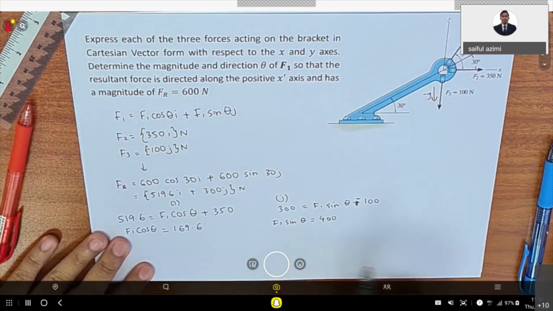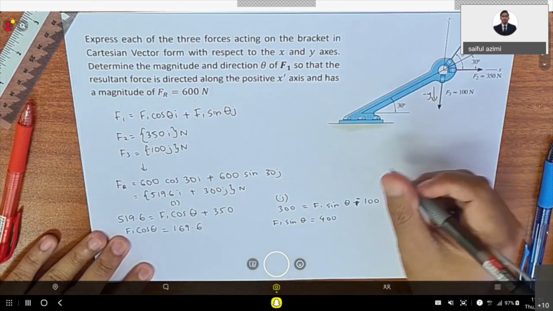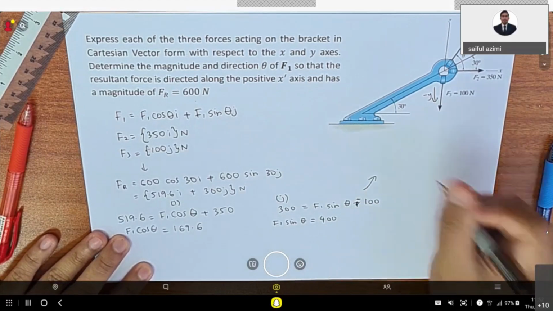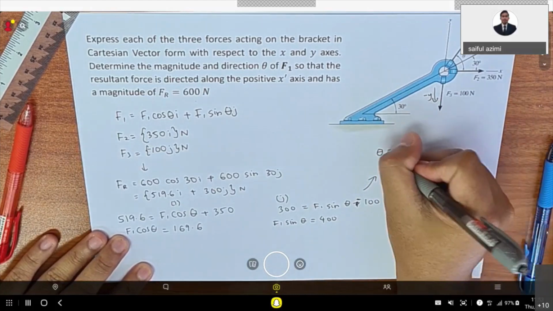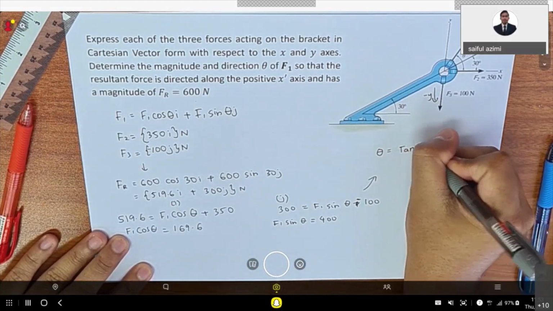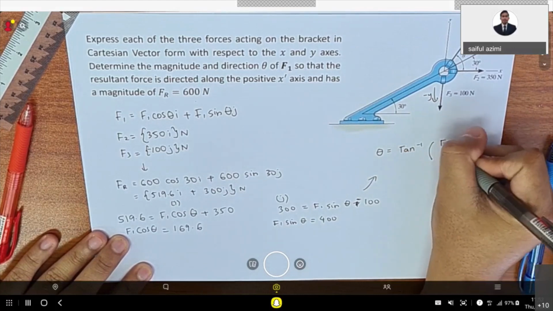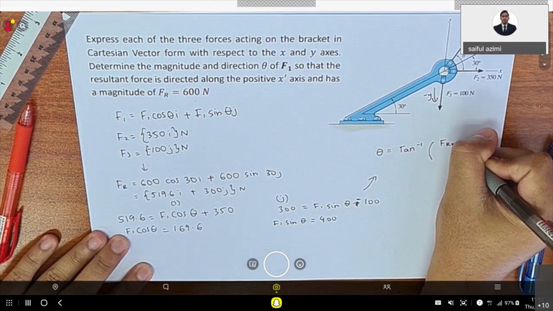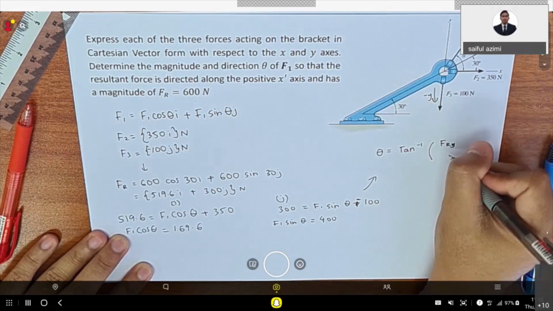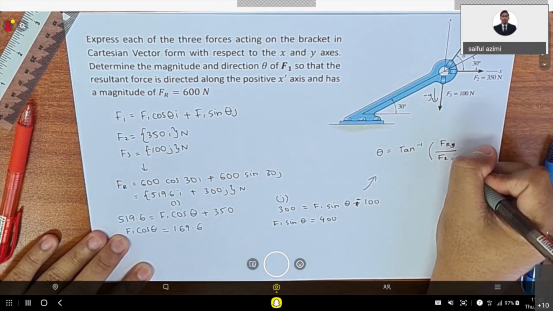When we go back to the previous example, theta, which is the direction of the resultant force, equals the inverse of tan of force resultant y over force resultant x.